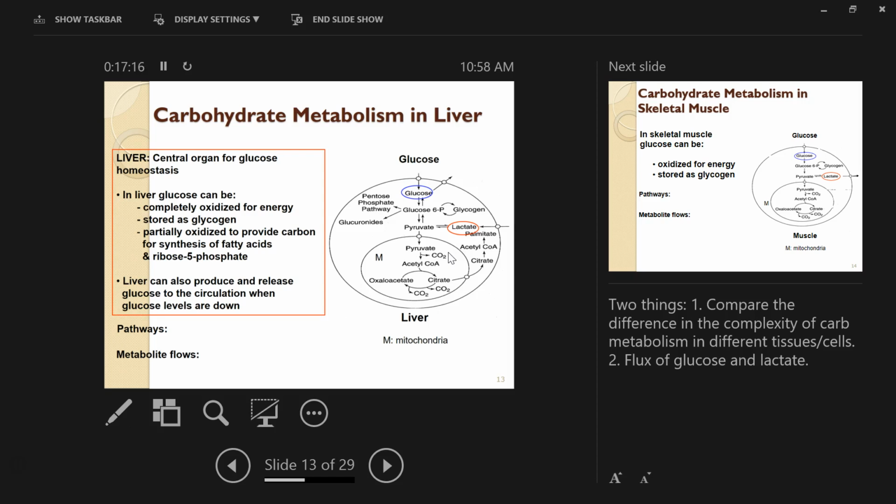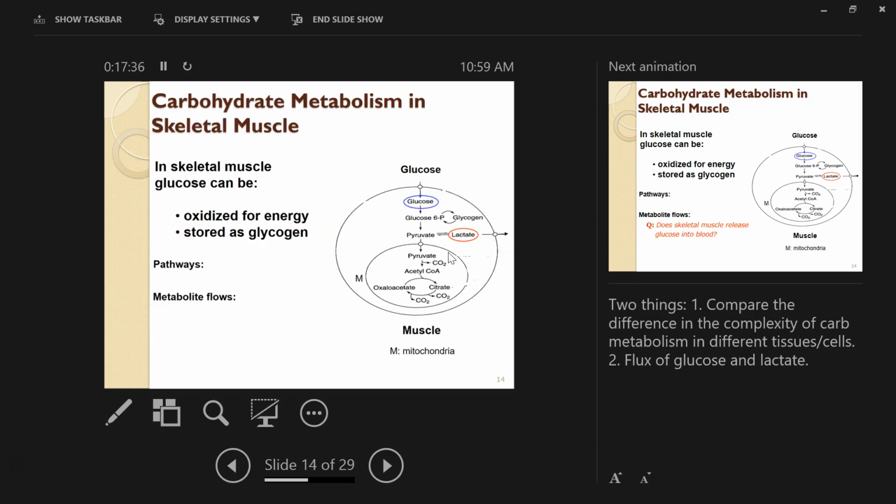So again, it depends on the physiological condition, right? Under the fed condition, the liver takes up glucose from the circulation and makes glycogen. So these are things you also want to understand.